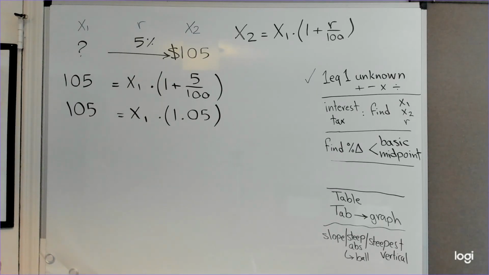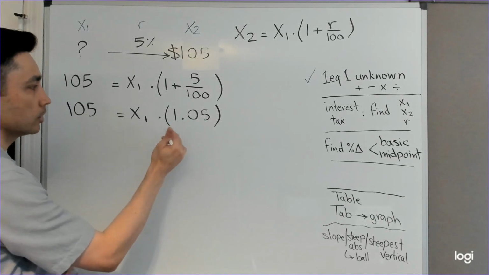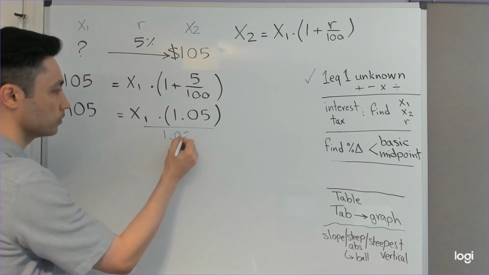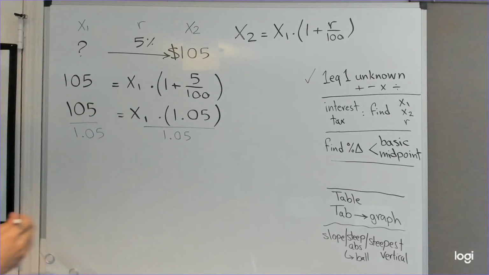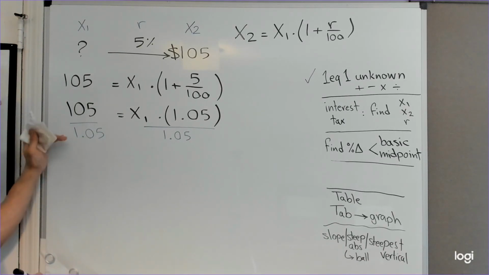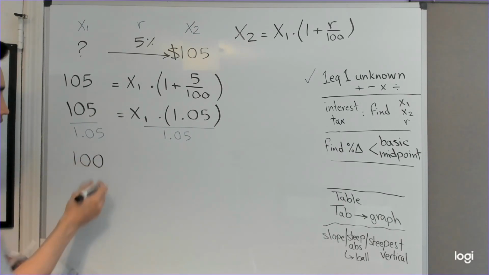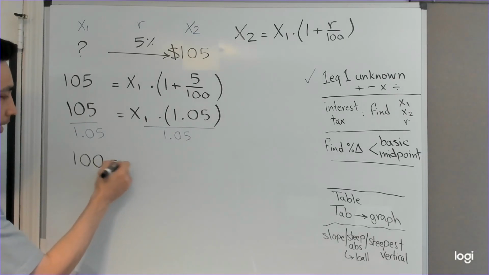Now the only part that I need to eliminate from the right hand side to be left with x1 is to divide it by 1.05. And of course I have to do it for the left hand side as well. 105 over 1.05 is 100. You can do it by just mental math or using a calculator.